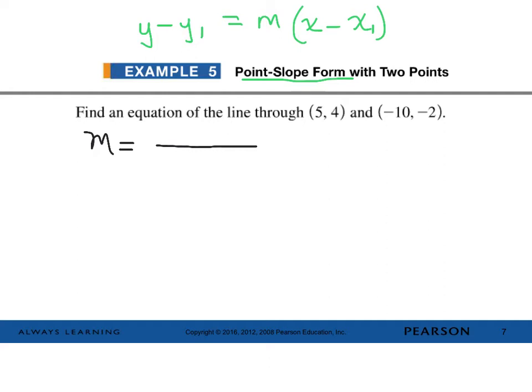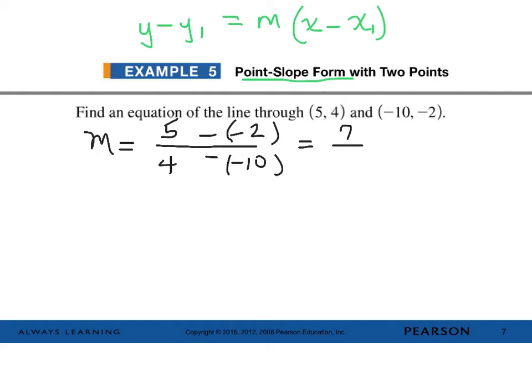And in order to find a slope when you're given 2 points, we simply follow our procedure of the difference quotient. The first point is 4, 5, and our second point is negative 10, negative 2. So our slope then is 5 minus negative 2, which is 7, because subtracting a negative 2 is adding a 2.